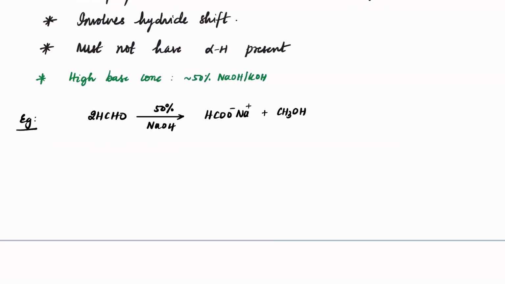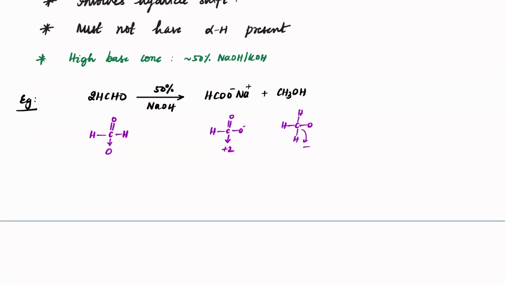Now, if you notice, an aldehyde carbon has a zero oxidation state here, while as a part of an acid it now has a +2 oxidation state, and as a part of an alcohol it has a -2 oxidation state.